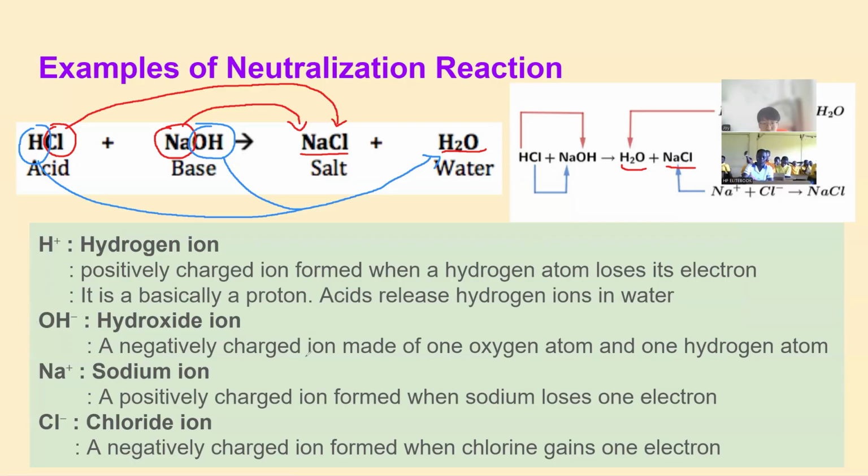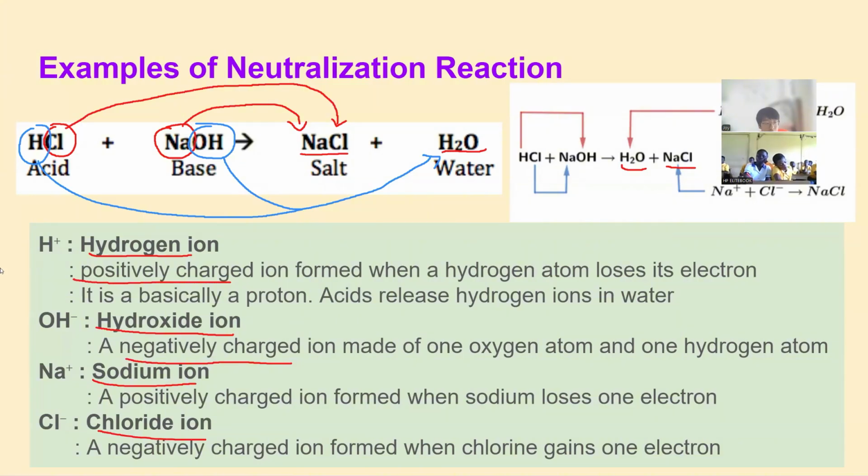Below is just a description of what it is. The hydrogen ion, H+, is positively charged and binds to the hydroxide ion, OH-, which is negatively charged. And we have sodium ion and chloride ion.